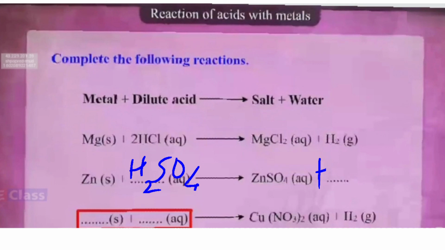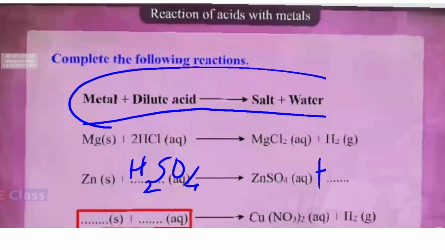Now children, nothing is written here. Only there is something in a solid form. So remember, here you are going to type metal, because what is the reaction? Metal plus dilute acid. So which metal will I take up? Yes, it is copper. You can see here Cu. So just write down copper. And अभी NO3 वाला कौन सा acid है? Yes, it is HNO3.